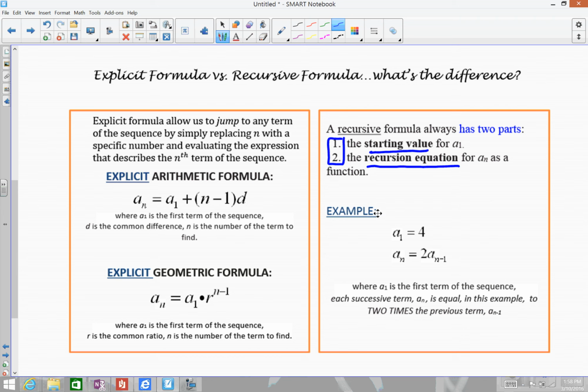If you look at this example right here, the starting value is a sub 1 equals 4, so you're starting at 4, and the recursion part is this section right here. This is your starting value, and this part here is the recursion equation.